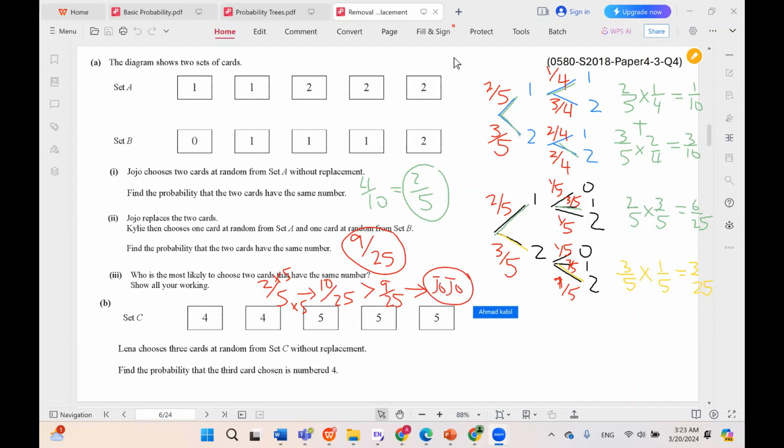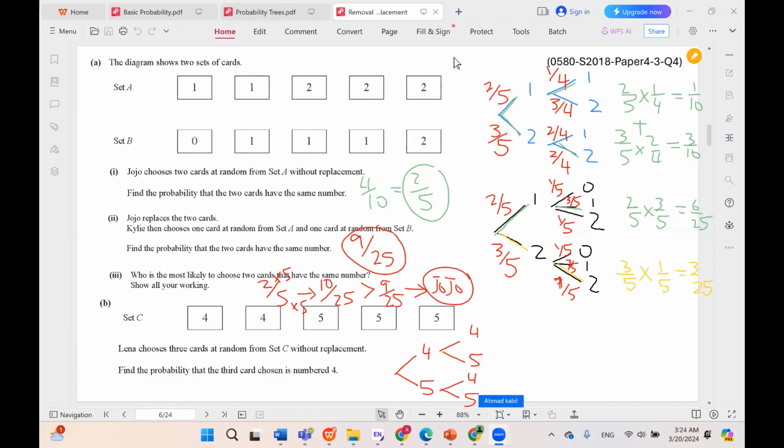In question B, we are told we have set C, and Lena chooses 3 cards at random from set C without replacement. Find the probability that the third card chosen is numbered 4. So we can draw again a probability tree to understand this. She can choose a 4 or a 5, followed by a 4 or 5, and here as well, followed by a 4 or 5.